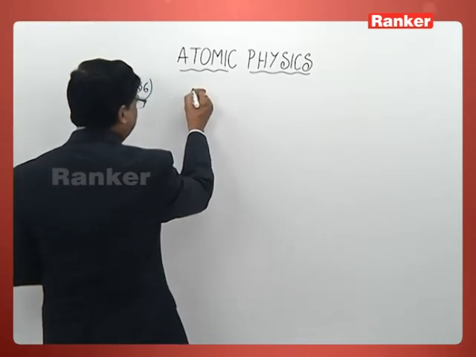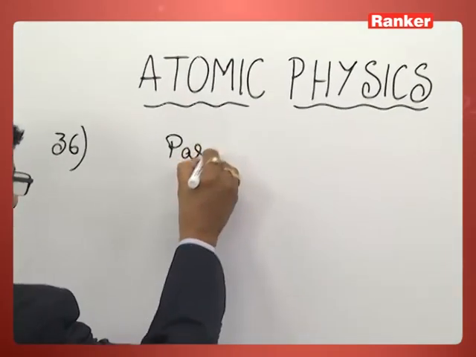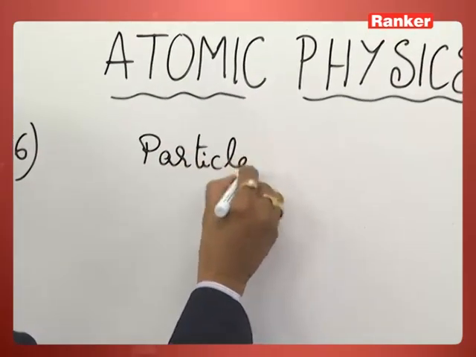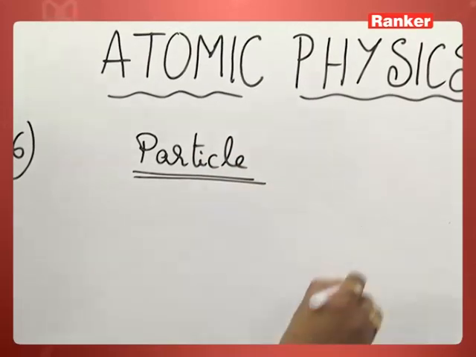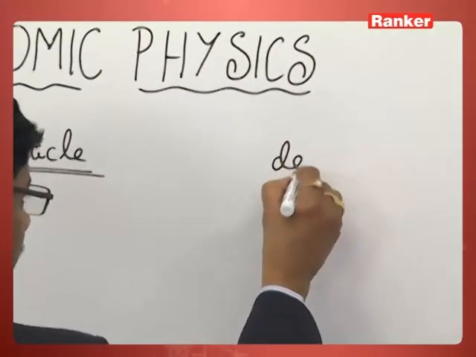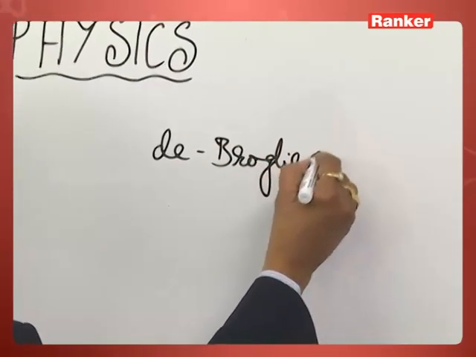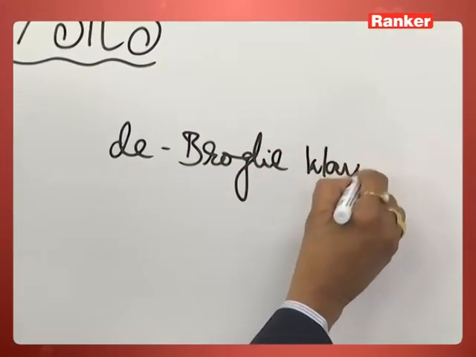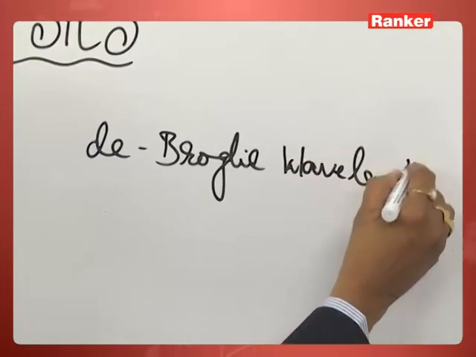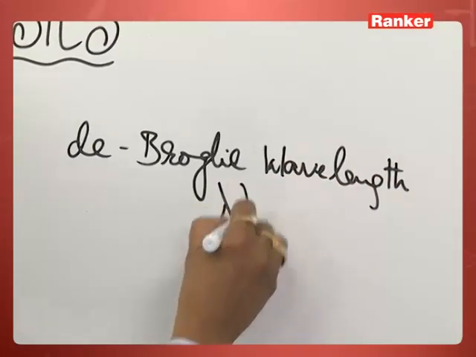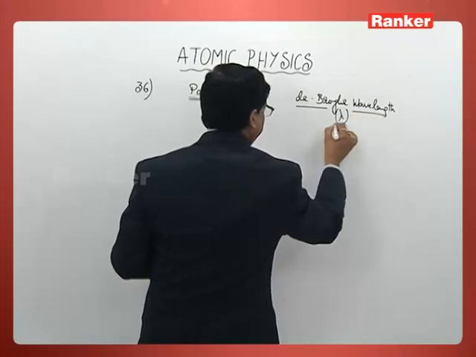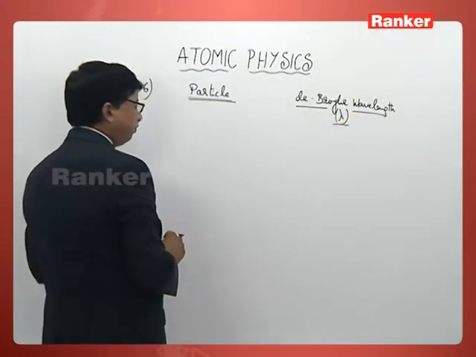Particle is in the first column, and the de Broglie wavelength, lambda, is in the second column.